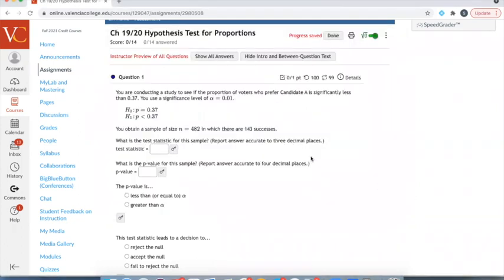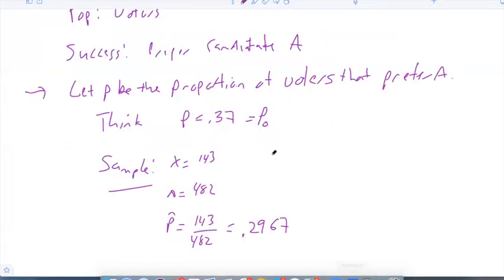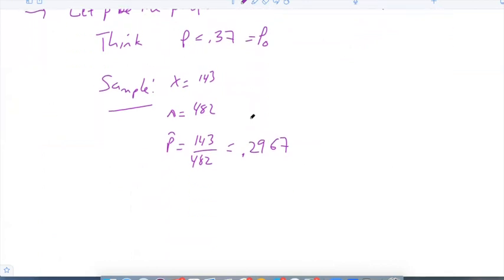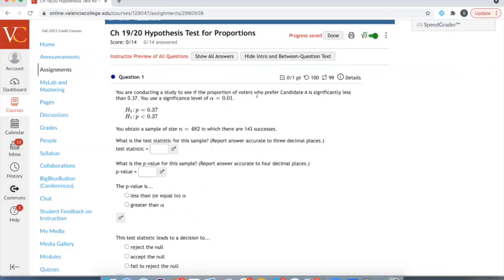That is significantly different. We may need to check the code on this question. That is very different. We thought 37% support this guy. We get a sample, and the sample says that's actually less than 30%. That's like almost an 8-point difference there. That's a big difference.